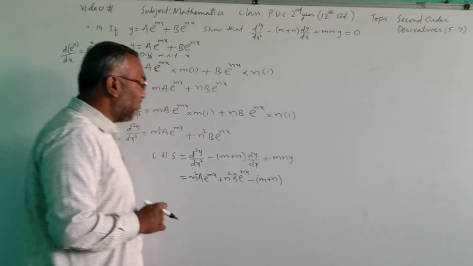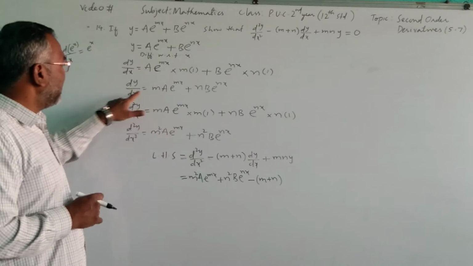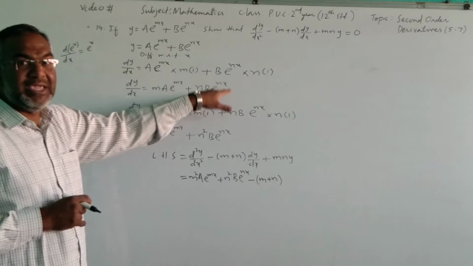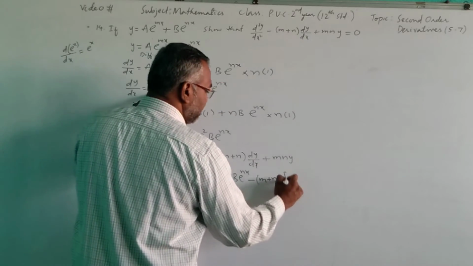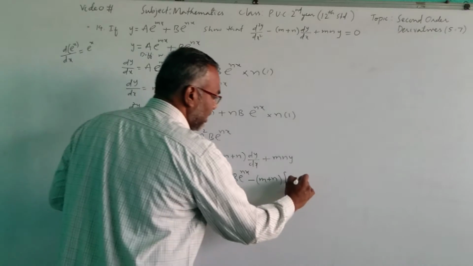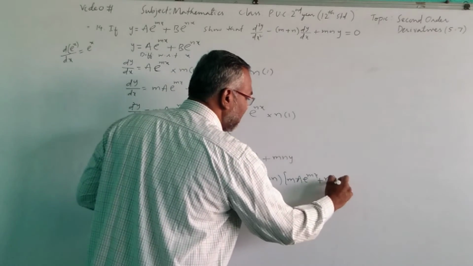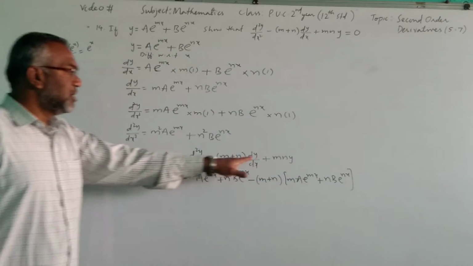dy by dx. What is the value of dy by dx? We found it here. dy by dx is m a e to the power of mx plus n b e to the power of nx. So write it: m a e to the power of mx plus n b e to the power of nx. This is dy by dx, right?